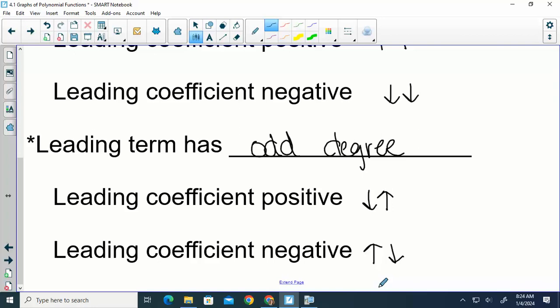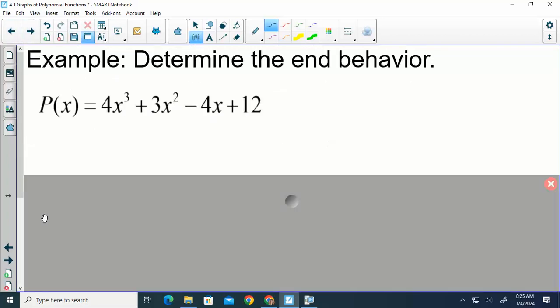So let's practice looking at some polynomials and just deciding what the end behavior would be, which directions the ends will go on our graph. Right, so on this one, which term do I look at to decide my end behavior?